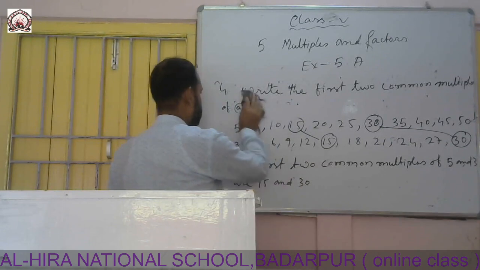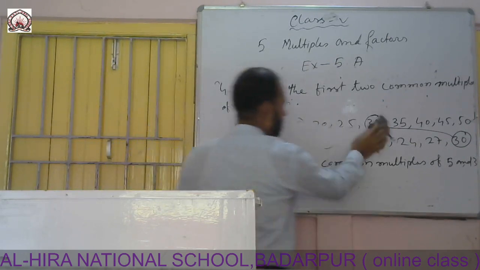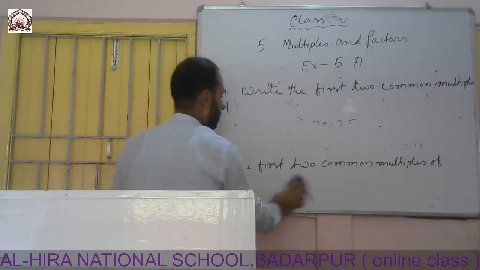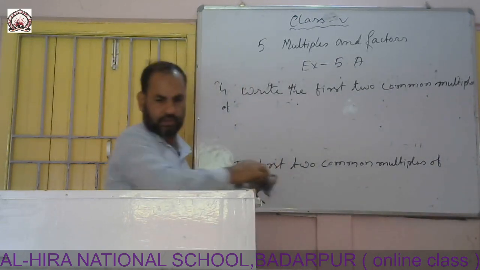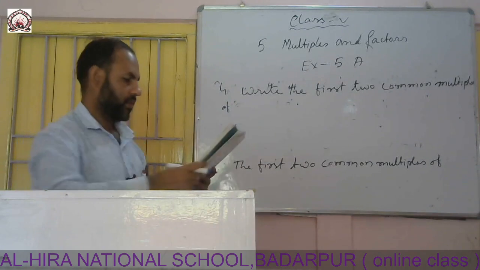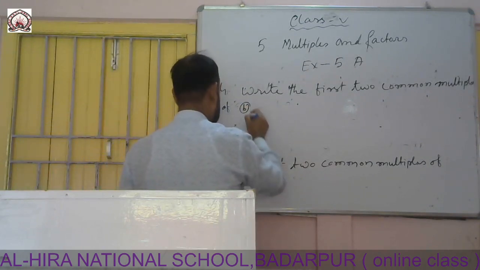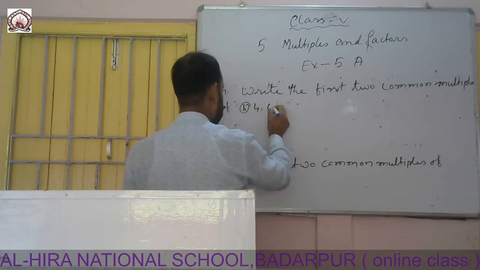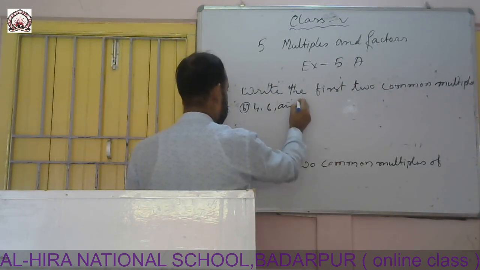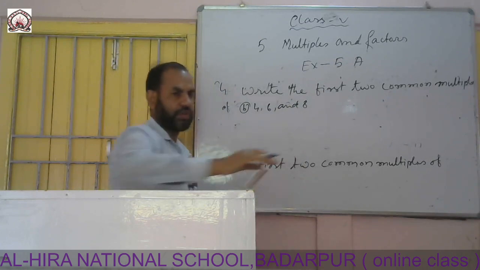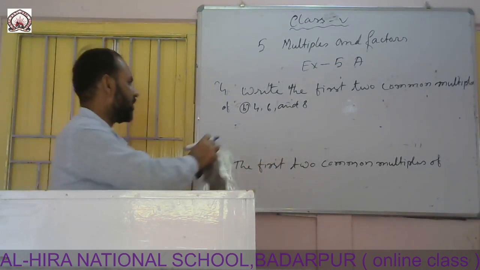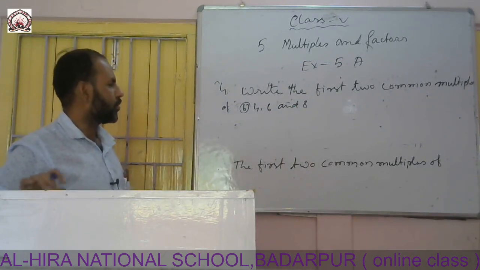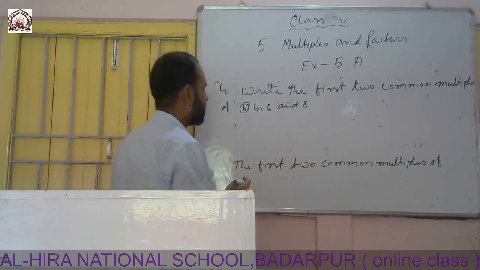Next, question number B. 4, 6 and 8. We take out the first two common multiples of 4, 6 and 8.